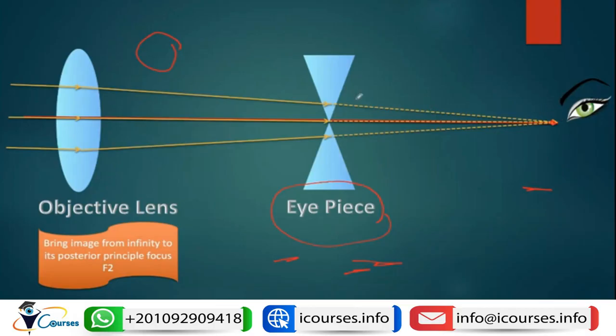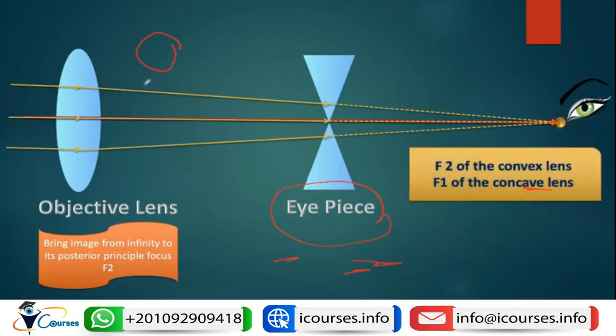This would have been the case if it wasn't for the eyepiece, because it is present in a position where its f1 will coincide with the f2 of the objective lens, so that they both have the same focus.